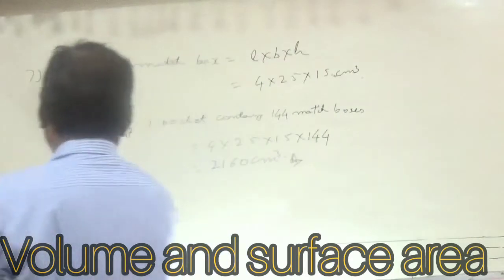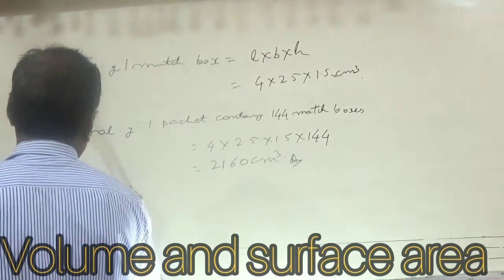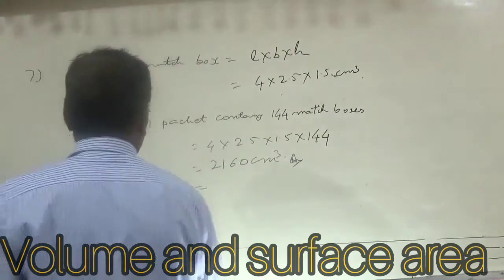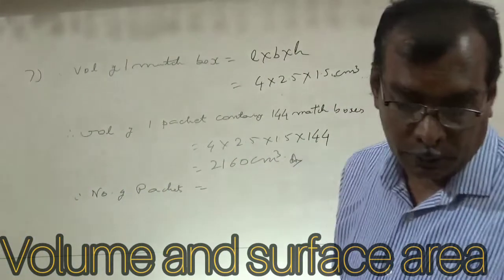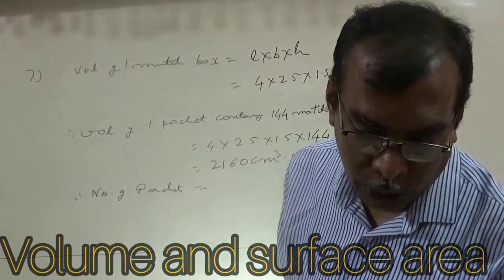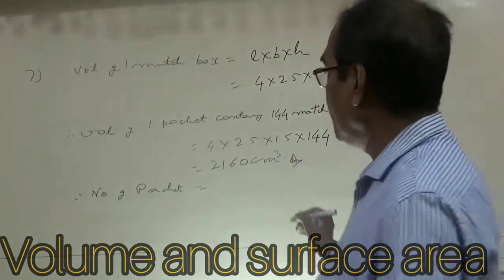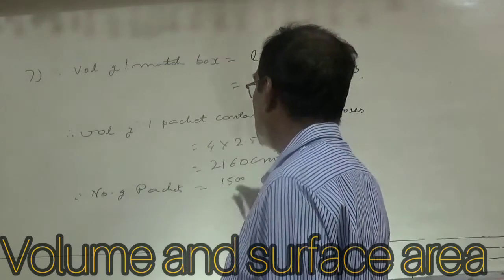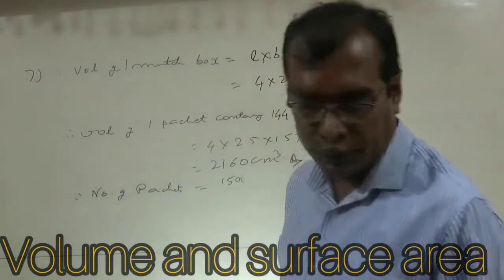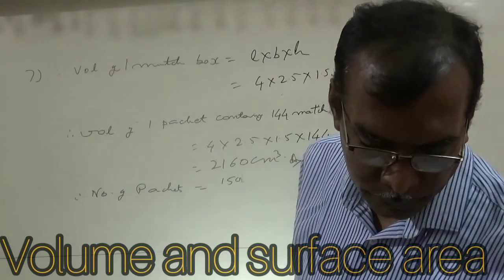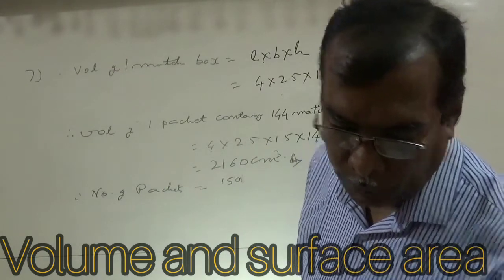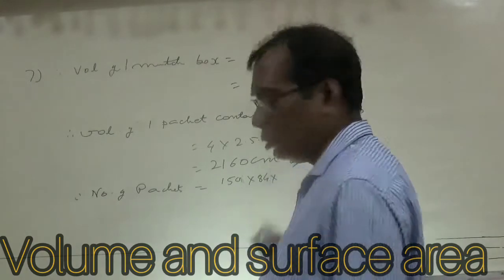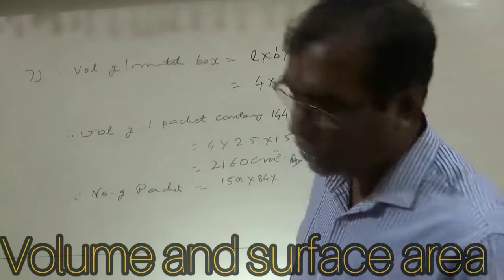Therefore the number of packets is equal to the volume of that particular carton, given as 1.5 meter, which is 1.5 into 100, that is 150 centimeter, into 84 centimeter into 60 centimeter.